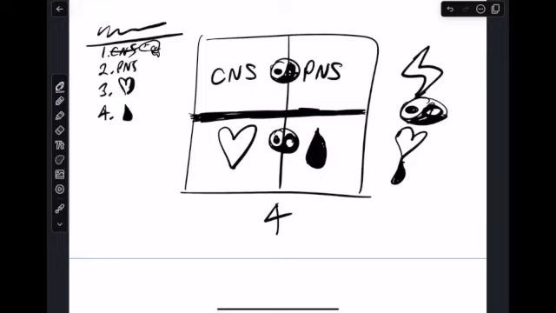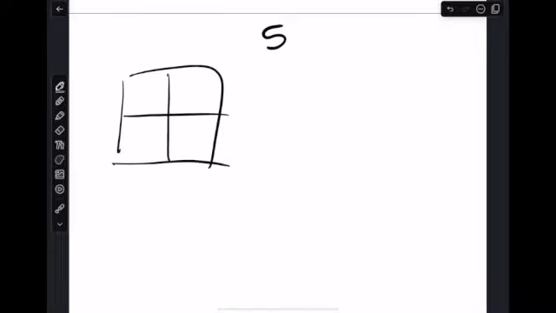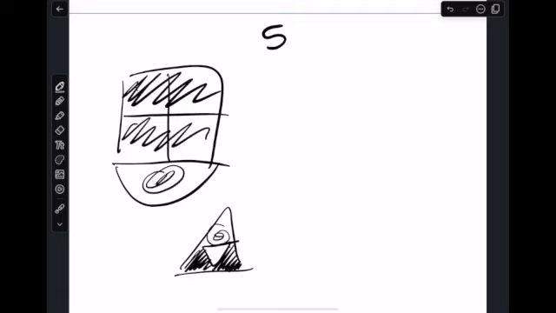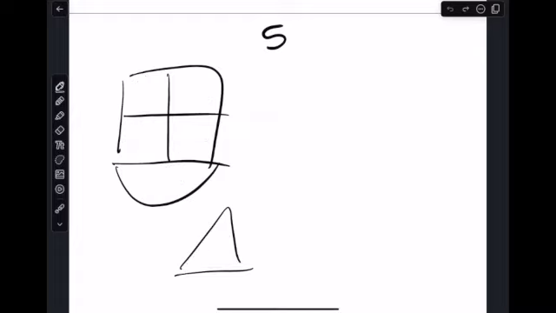Let's say I'm given a list of five things. What would I do? Right, so it can just be the square with an odd man out again. Similar to the triangle: the triangle was one pair, one yin-yang with an odd man out. This is two yin-yangs with an odd man out, so pretty straightforward.